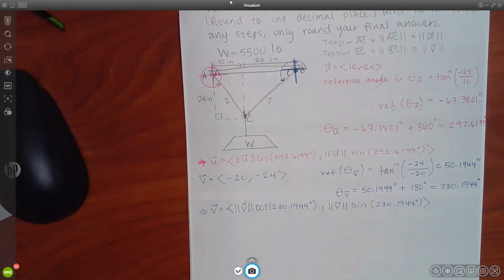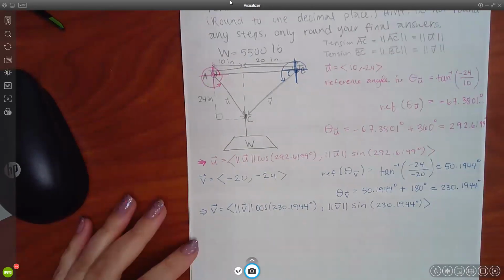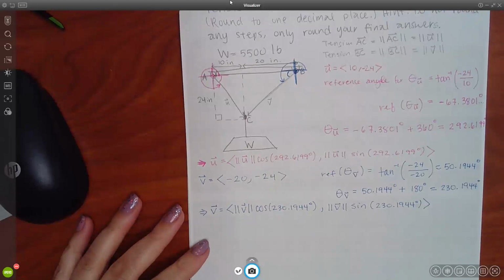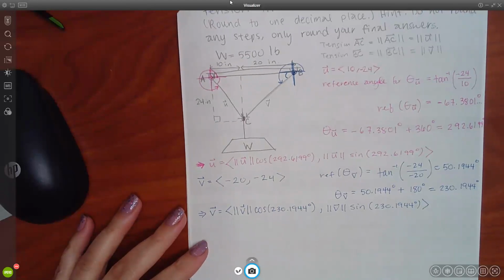So now I have something in terms of magnitudes for U and magnitudes for V. Now here's where it gets weird. I don't have another color.